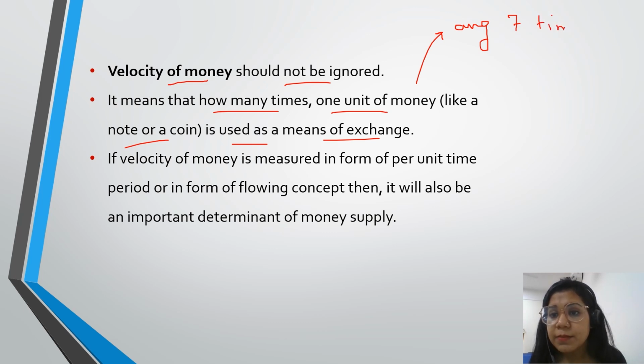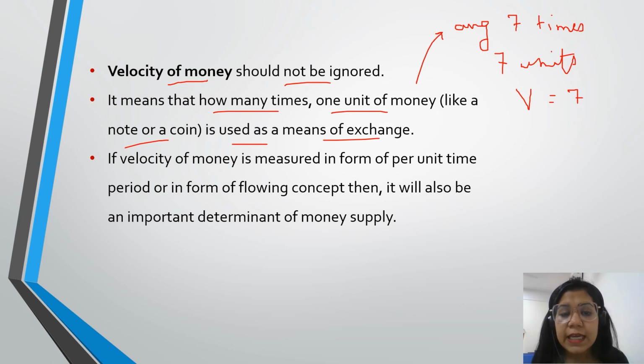This means that a single unit has been used as 7 units of money, and then we can say that the transaction velocity of money V is equal to 7. So this is what we mean when we say how many times one unit of money is used as a means of exchange.